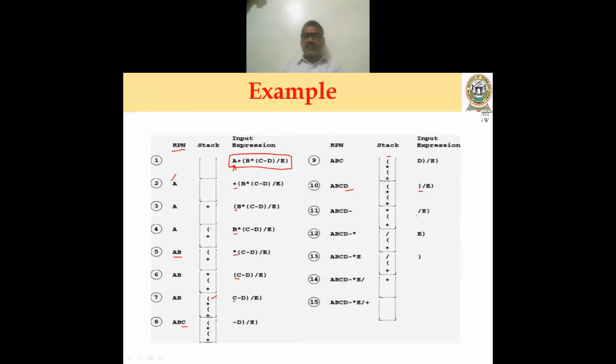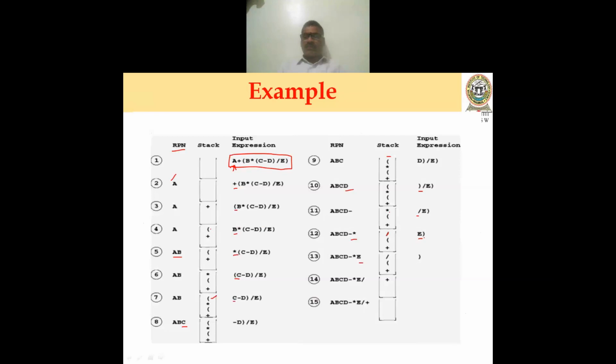Since the topmost element is star, both have equal priority, so we remove the star and add it to the RPN, and then push the slash into the stack. Then the next E is scanned, and E is added to the RPN.